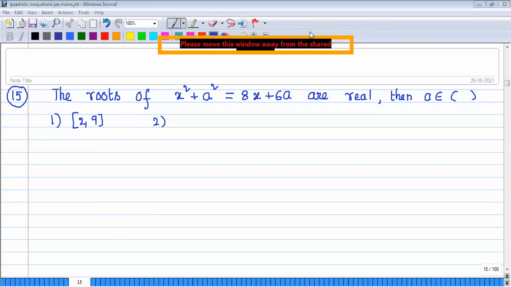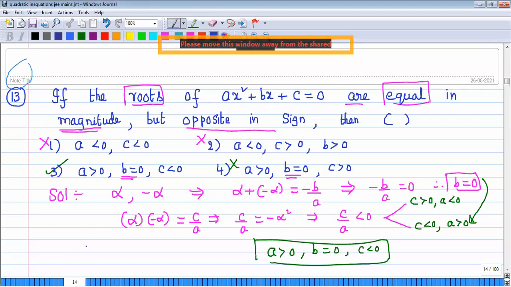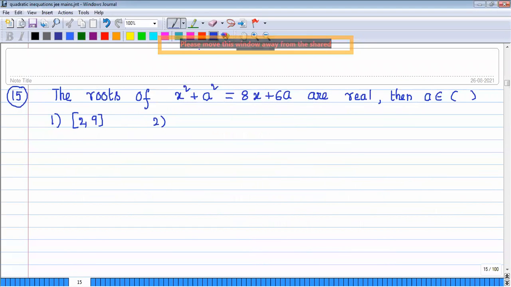Second one, minus 14 to 1. Third, minus 2, 8. Fourth, 0, 7. Fifth, 6, 8.